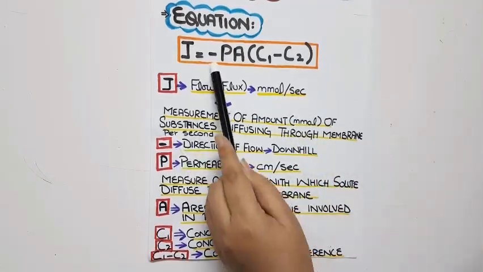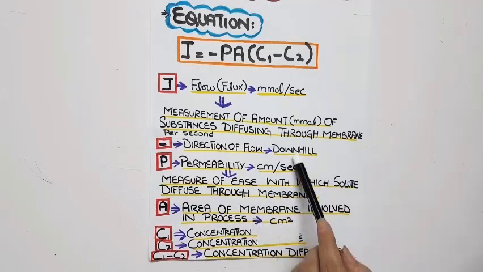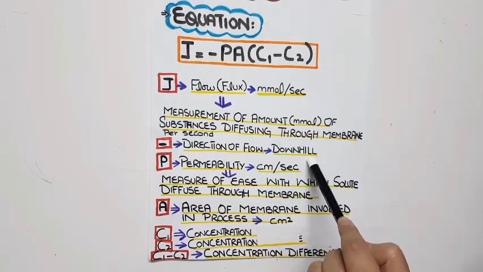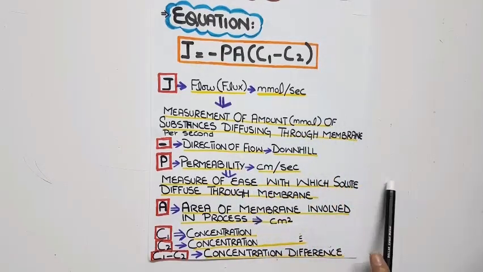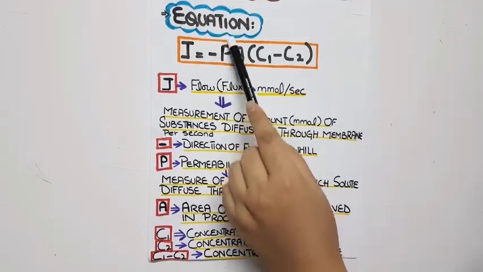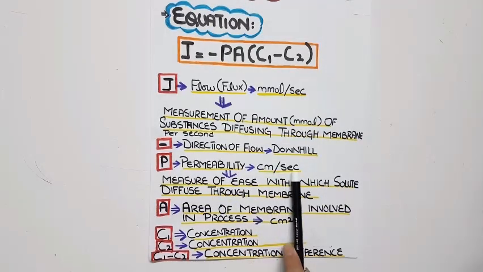This negative sign shows the direction of diffusion, which we know is downhill or down the concentration gradient, from high concentration towards lower concentration. This P represents permeability, which is the measure of ease with which solute particles diffuse through the membrane, and the unit of permeability is centimeters per second.